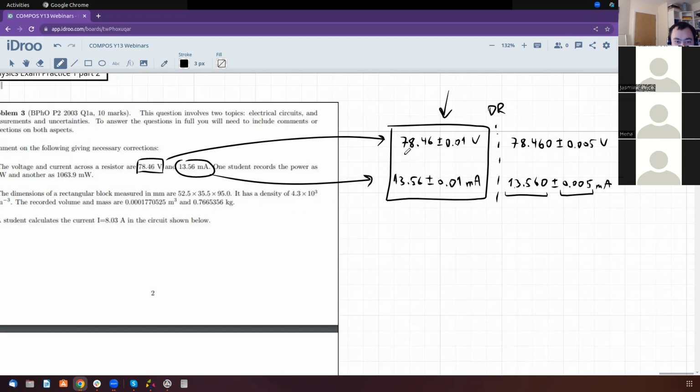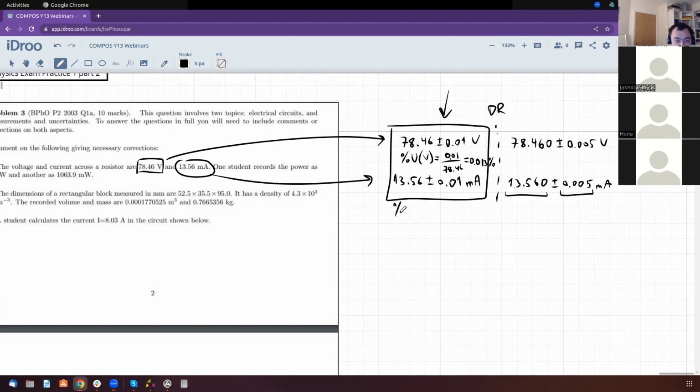So you need the percentage uncertainty in the voltage, which is 0.01 divided by 78.46, which is 0.013%.